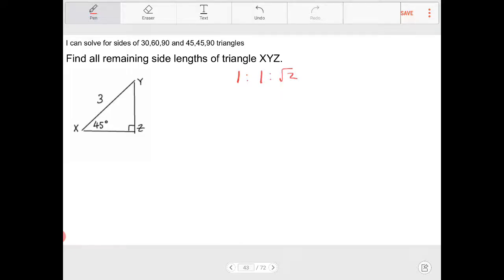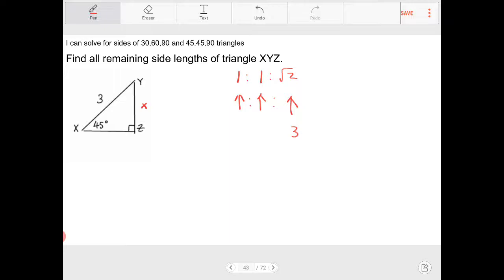Right now the 3 is corresponding to the hypotenuse, and I need to figure out what these other legs are, okay? So how am I going to do that? Well, I know 3 corresponds with radical 2, and these side lengths here, let's call that x or something. I don't know what that is.